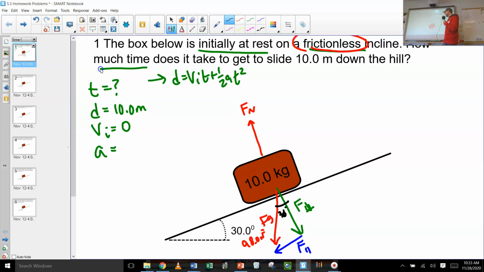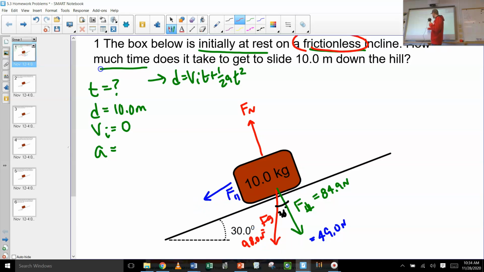So the force parallel is going to be 98 times the sine of 30. Because it's a 30, 60, 90 triangle, that's going to be half, so 49 newtons. And then the force perpendicular is 98 times the cosine, which is equal to 84.9 newtons.